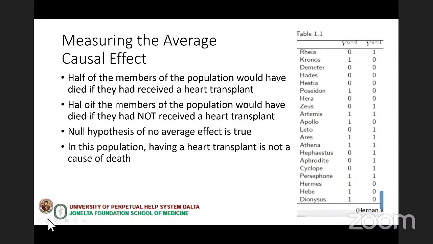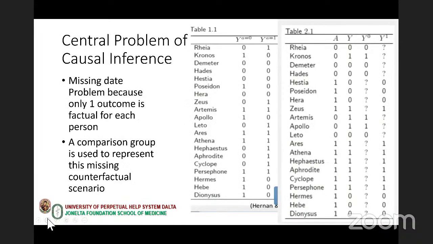So the null hypothesis of no average effect is true, such that in this population, having a heart transplant is not the cause of death, because either way, half will die and half will survive. So you have the central problem of causal inference: you have a missing data problem because only one outcome is factual for each person, and you have a comparison group, which is used to represent this missing counterfactual scenario.